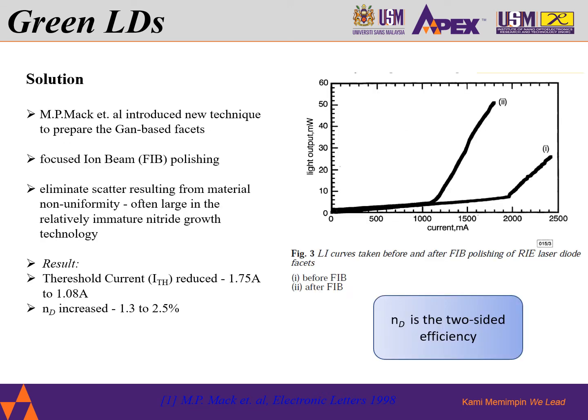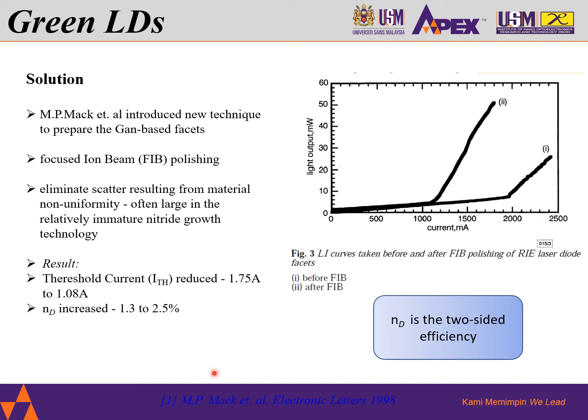As a solution, Mac and his team introduced a new technique to prepare these GaN-based facets, which is focused ion beam polishing. This will eliminate any scatter resulting from material non-uniformity, which is often rather large in the relatively immature nitride growth technology.